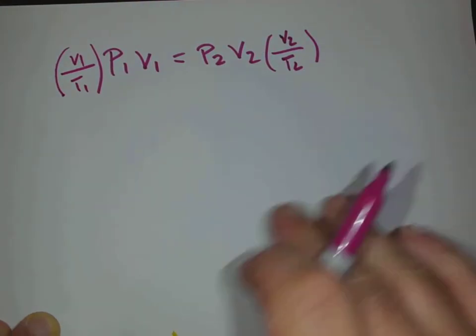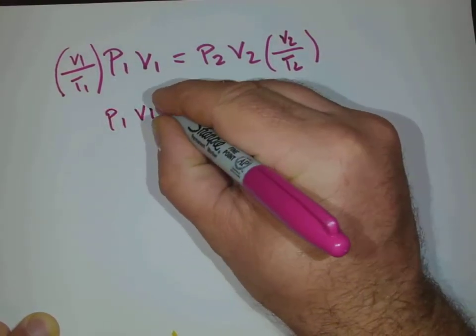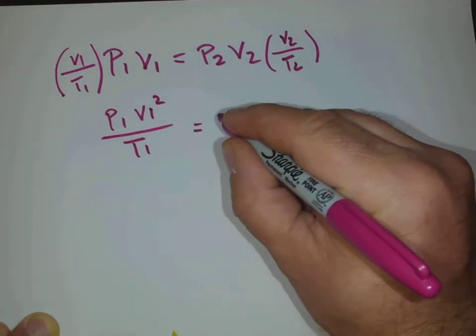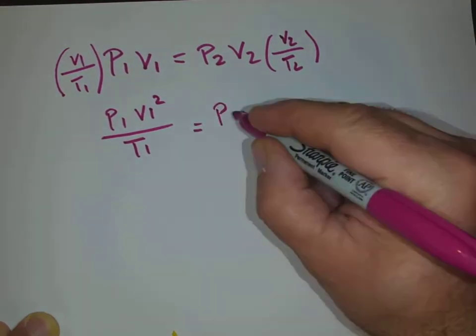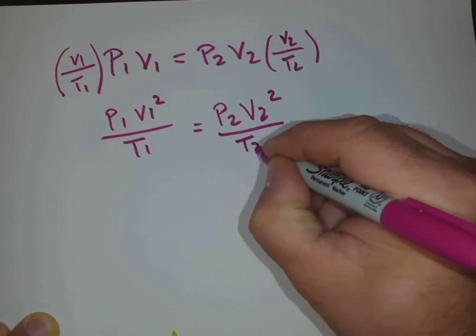All right, distributing that out, we would get P1 over V1 squared over T1 equals P2 over V2 squared times T2.